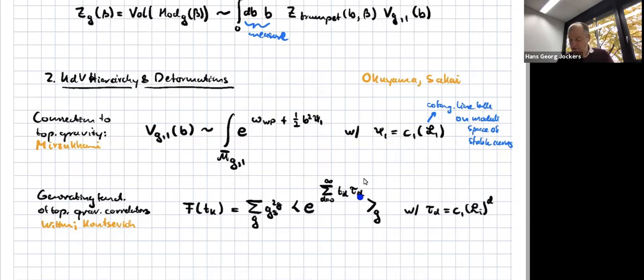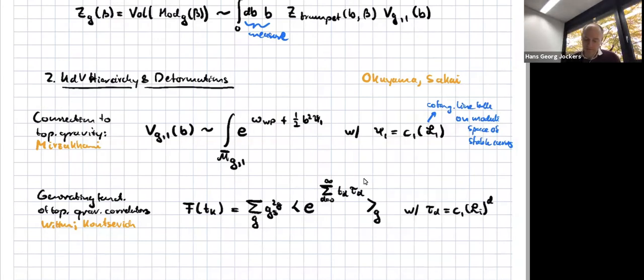This is why I've written here i, so i labels the different marked points. And depending on how many tau_d's you have in this expansion, so many marked points you should consider in that particular stable curve geometry. And you package this all together in this function F of t_k.